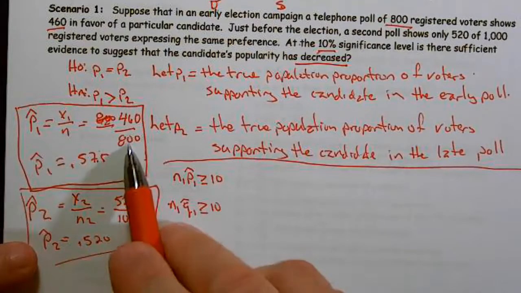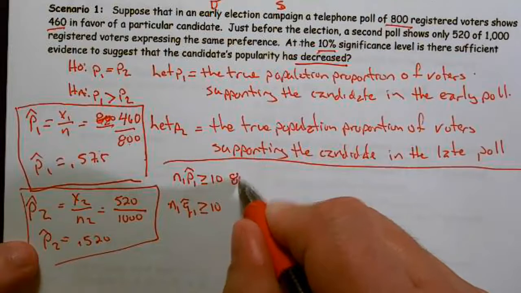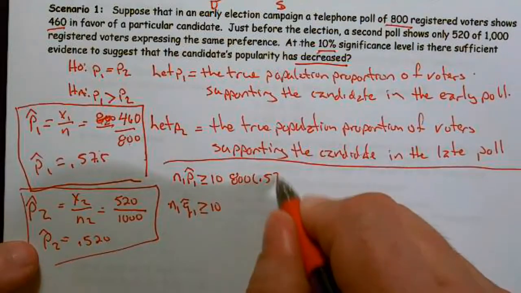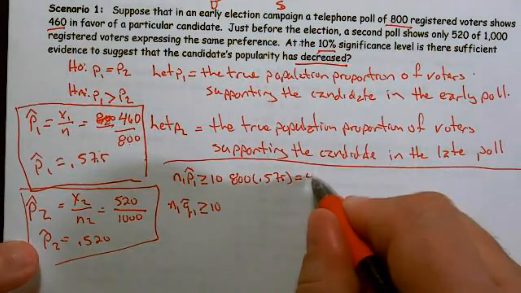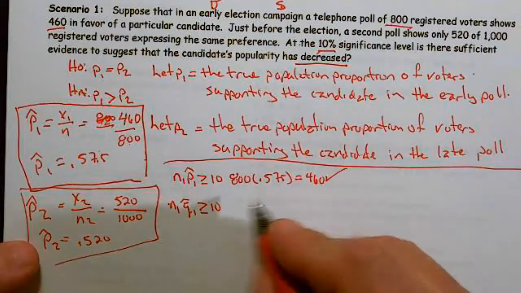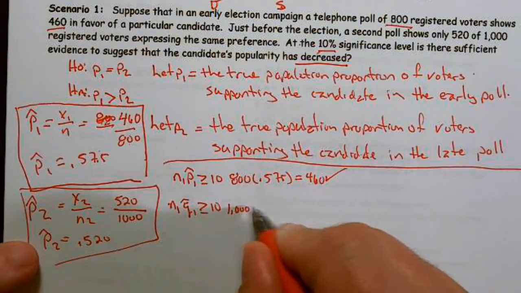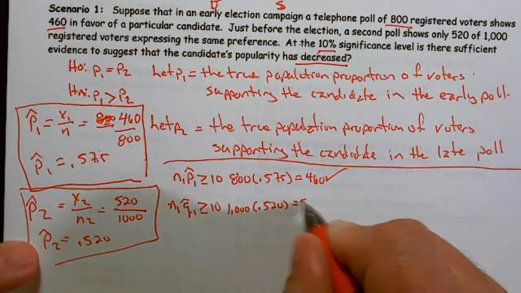Well, what was this one? 800 times 0.575 equals 460. We're good there. Here we're going to have 1,000 times 0.520 equals 520.